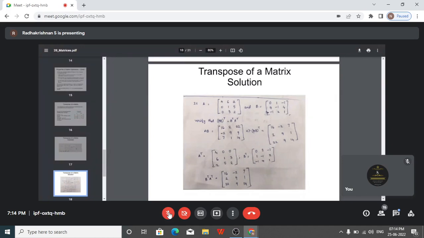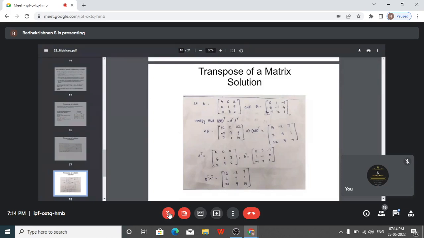That means take the first row of B transpose and the first column of A transpose. So don't get confused. B transpose into A transpose, you get this value: 16, minus 2, 7, 2, 9, 1, 22, 9, 14, which is the same as AB whole transpose. Now if you look, in B transpose we take first 0, 3, minus 1 and 4, 6, 2, and what we multiplied earlier is the same, 4, 6, 2, 0, 3, 1.